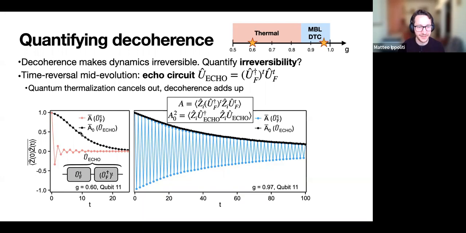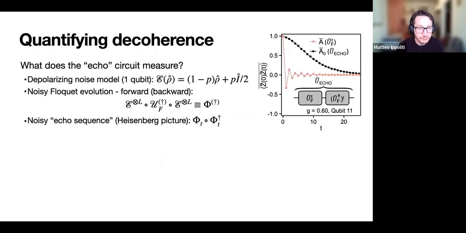In essence, what's happening here is that the chaotic dynamics on the thermalizing side is making decoherence more effective at quickly washing out information in some sense. And so with this, we can try to get at the underlying behavior of the system, absent noise, in the following way.